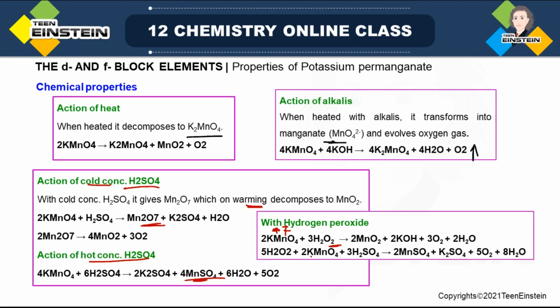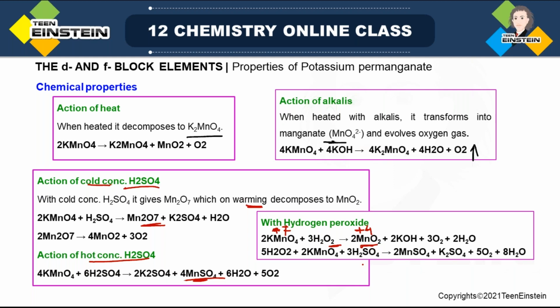But in this case, obviously it will act as reducing agent, and KMnO4 will act as oxidizing agent. So KMnO4 is now reduced to MnO2. And why I am saying that it is reduction? Because now the oxidation state is +4. So from +7, now it is +4. So obviously it is acceptance of electron, and electrons are donated by H2O2.